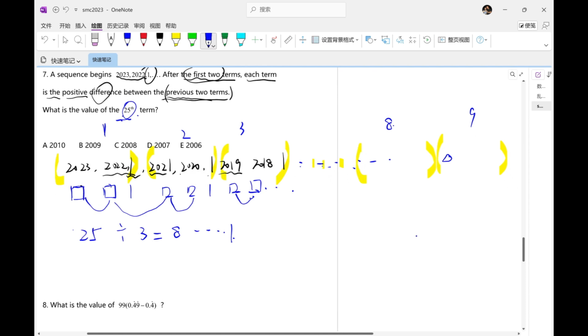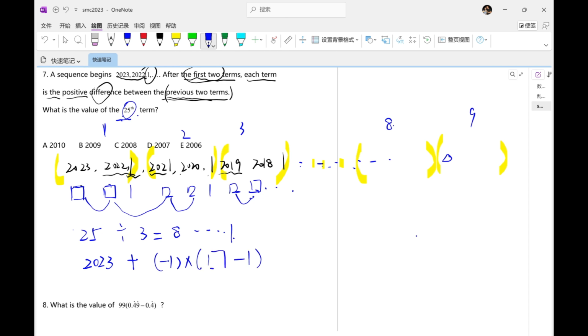So we should use the formula of an arithmetic sequence. That is, the first term 2023, the initial term, plus the common difference, that is -1, times the term number minus 1.